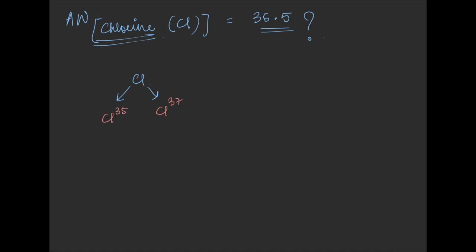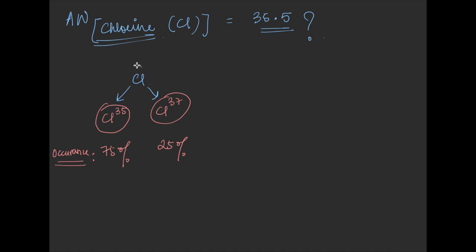But in the case of chlorine, the percentage of the Cl35 isotope in nature is 75%, and the percentage of Cl37 is 25%. So what I've written here is the occurrence of Cl35 and the occurrence of Cl37.